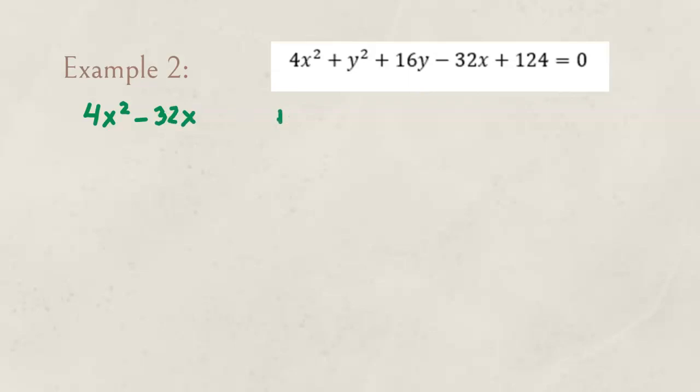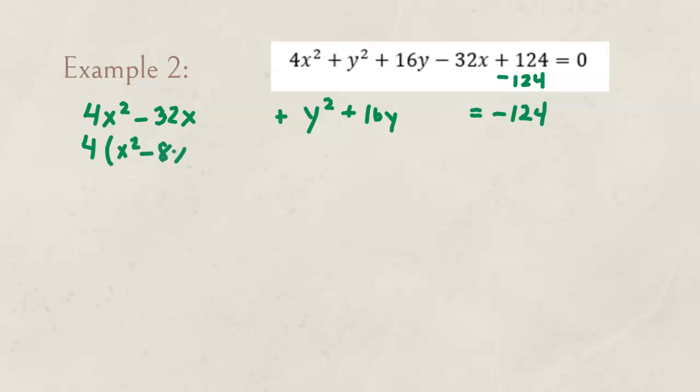I'm going to leave some space here because I know I'm going to be completing a square. y squared plus 16y, leave some space, equals, I'm going to subtract 124 from both sides, negative 124. Now before I complete the square on the x's, I'm going to factor a 4 out so that I am just completing the square inside of these parentheses. But I can leave the y's alone because that y squared already has a coefficient of 1.